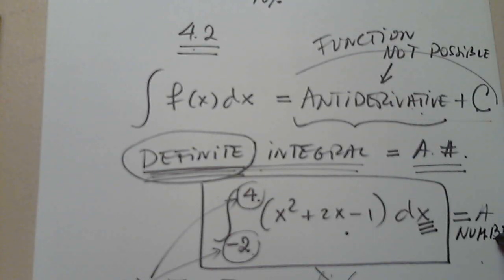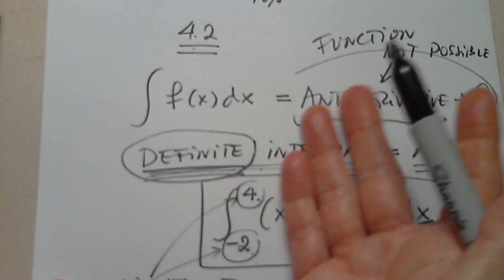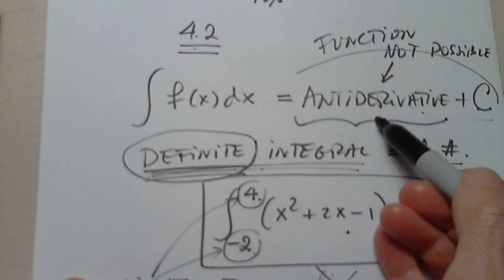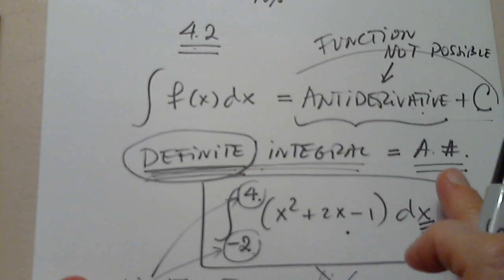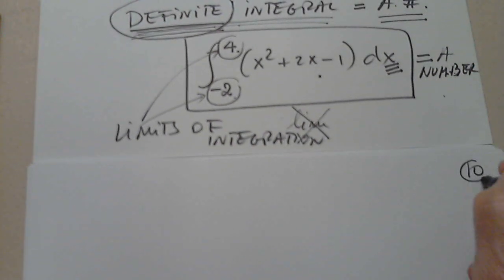We may not be able to find it exactly, but we can approximate it. For the most general antiderivative, we're not going to be able to find it because we cannot find the antiderivative. But here, for the definite integral, we will be able to approximate it. Where does the approximation come from? How is the approximation determined?